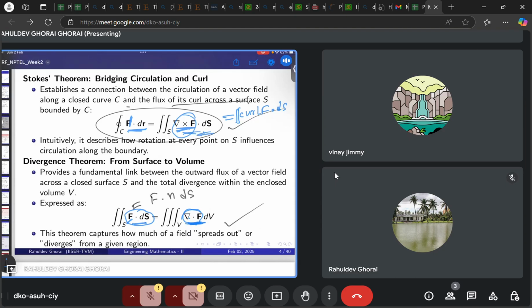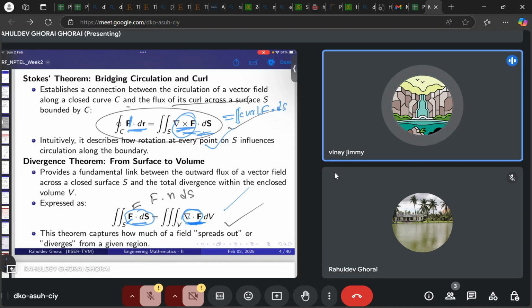These are two different things. Curl describes how rotation at every point on S influences the circulation along the boundary, so it gives the rotational behavior. Divergence means how much a field spreads out from a given region. But you don't need to remember all these things.